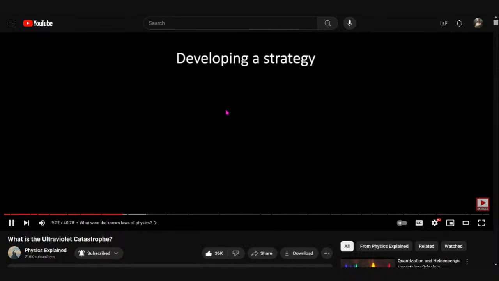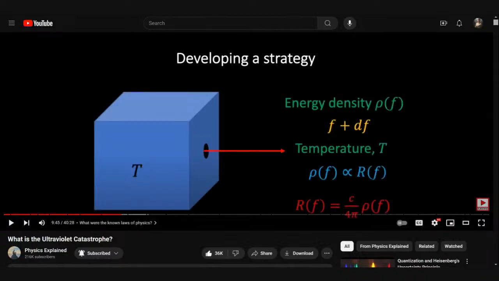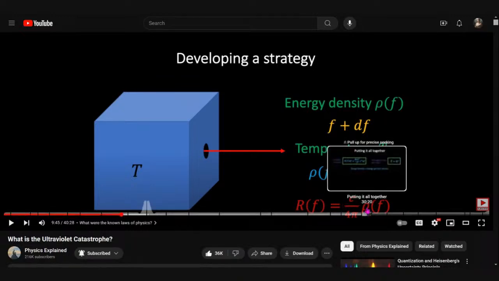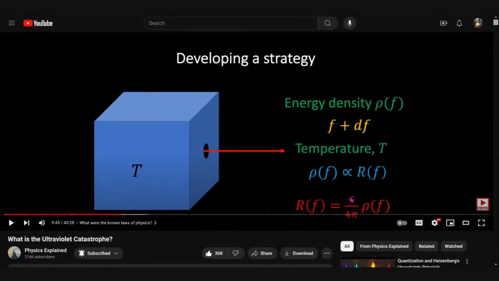Okay, but how do you find the energy density? The approach of Rayleigh and Jeans... I mean, he's not explaining the equation. Can you explain this equation? Why is radiance and density related this way? Why do you multiply by c over 4 pi?